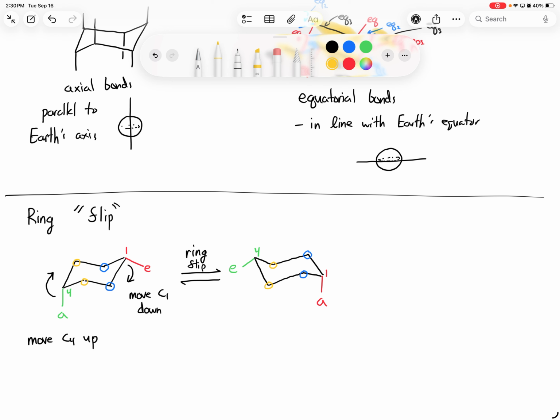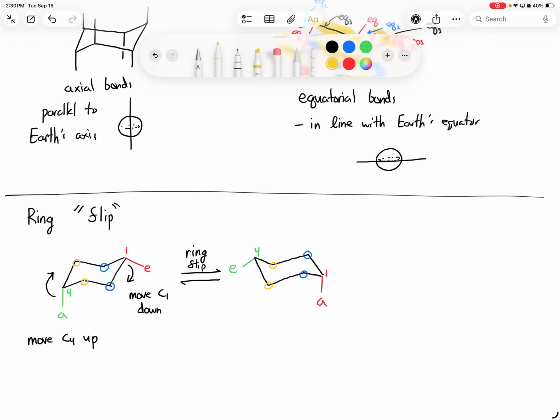They swap places, because those are the points where the bonds are moving up and down to create the other chair structure. Hopefully that won't be too confusing. When we see some other examples, like di-substituted cyclohexanes, hopefully that's a little bit more clear. But I just want to point that out.